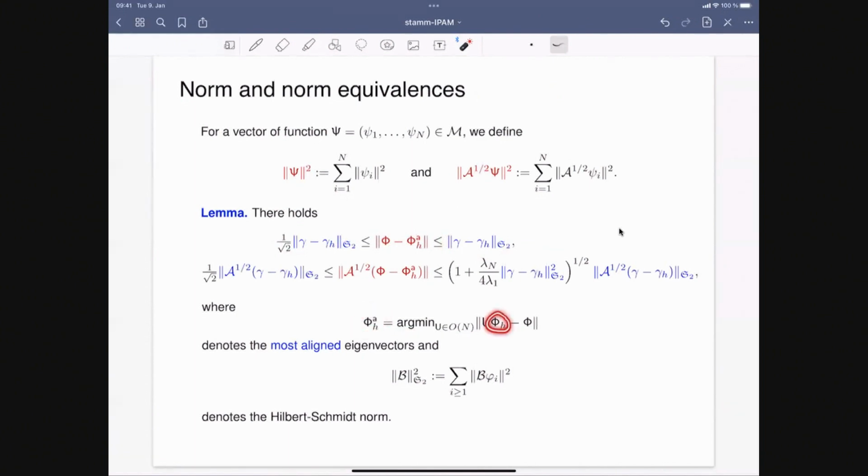Given a certain U_h, and this is the exact one, you have to find a unitary, orthogonal transformation in order to best align the approximation with the exact vectors. And this is this quantity here. And if you have this, then this is comparable to the norm in the Hilbert-Schmidt space of the operators. And the same is for this H1 type of norm here. You can relate this, up to some higher order terms, to the H1 norm in terms of operators. Okay.